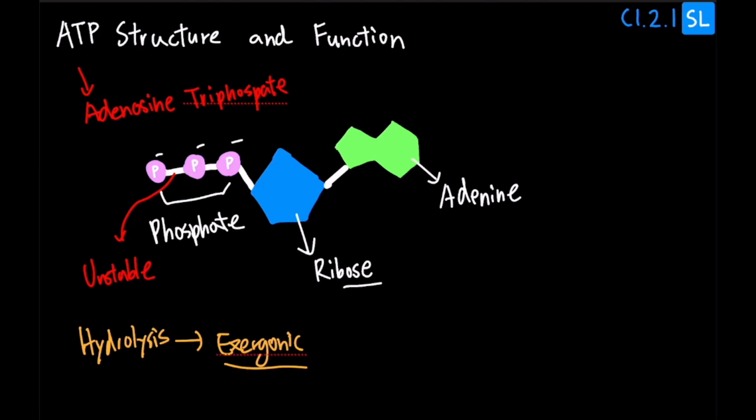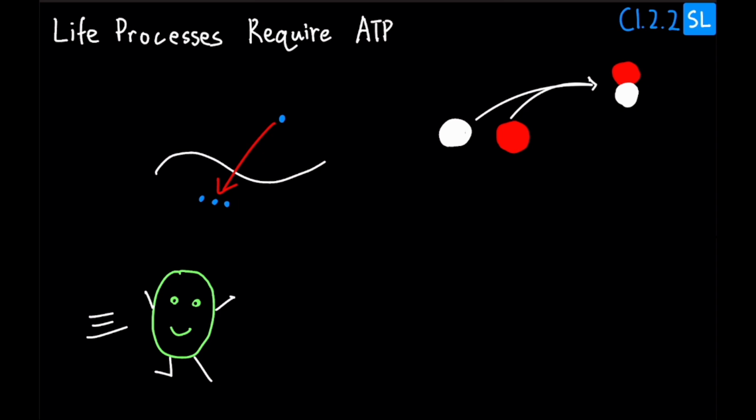All right, and we know that ATP is really important to a lot of things in our body, and here are some specific examples that would be nice to know, like our life processes that require ATP or the energy it carries. So first of all, you're gonna need the active transport. So that's when we use energy to pump things from low concentration to high concentration through the membrane, and that kind of goes against the principles of osmosis.